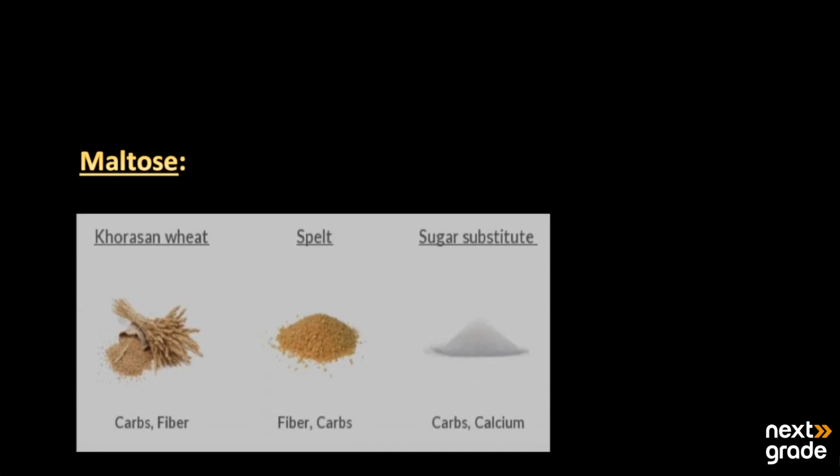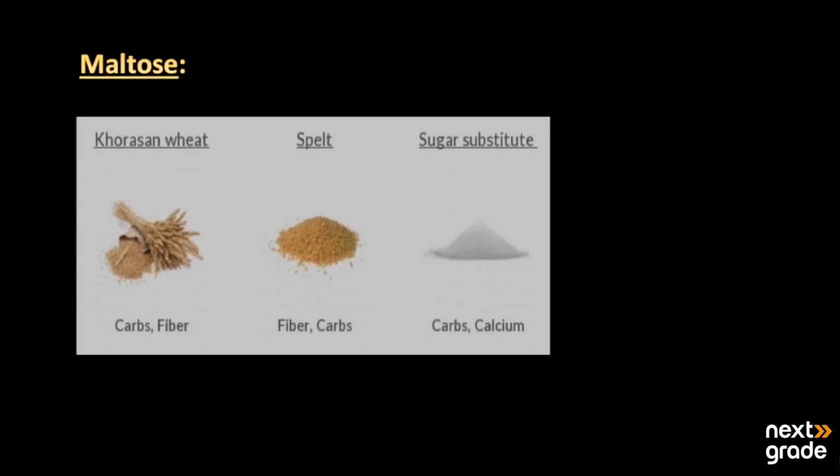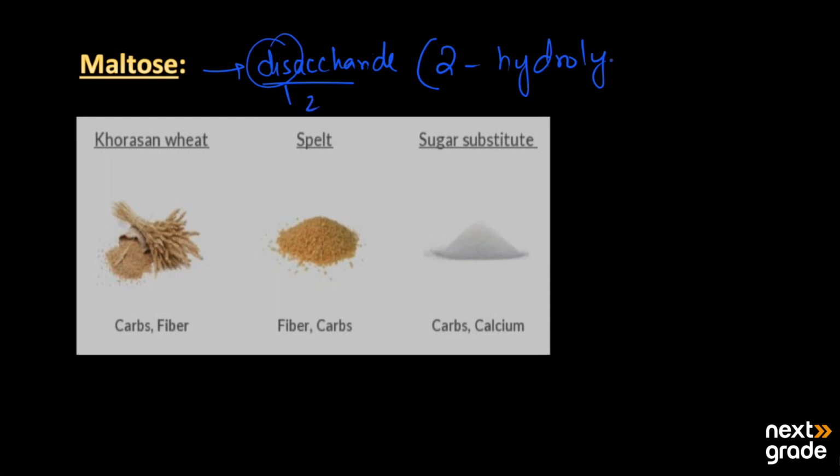After that, we have maltose. Maltose is also a disaccharide, and upon hydrolysis it produces two glucose units, or two monosaccharides, so that's why it is a disaccharide. Di means producing two units. We can gain maltose from wheat, which is a main source of carbohydrates and also provides fibers to our body.